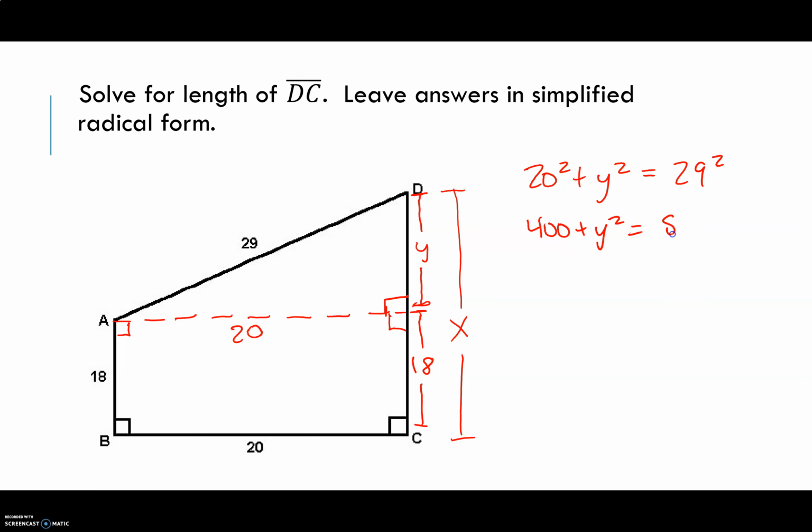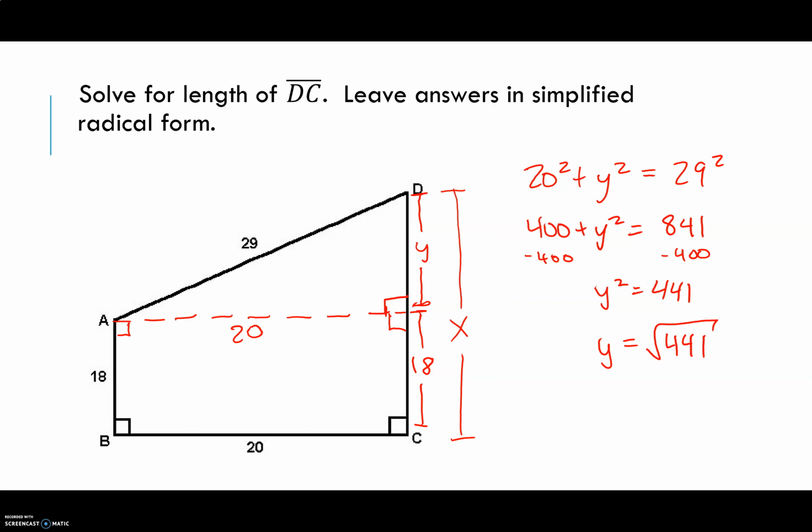That is 841. Then we can subtract the 400 on both sides, and we get y squared equals 441. In order to get y by itself, to get rid of the squared, we have to square root both sides. Now there are times where you'll be doing the square root of a number, and it's a really big number.